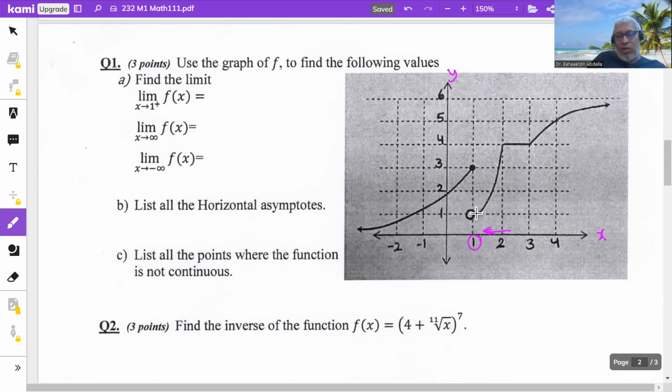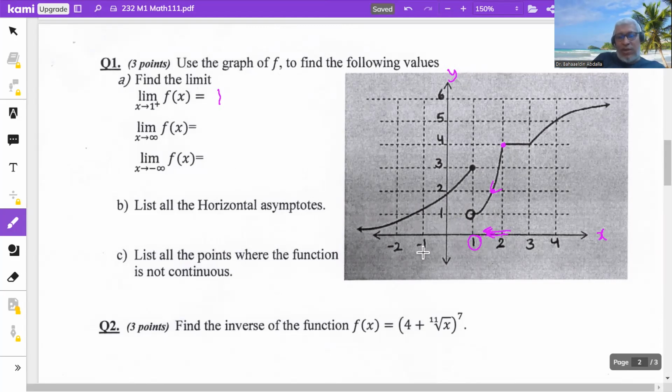Where is the function? Where is the graph? Well, if x is 2, this is f of 2, which is 4. If x is 1.5, we are here almost, at 2. So as x approaches 1 from the right, the graph is going down and approaching 1. So the limit is 1.